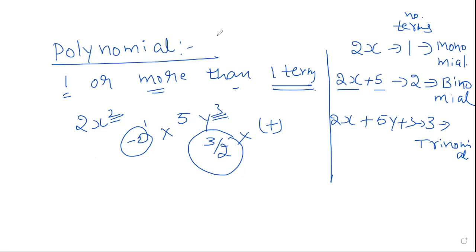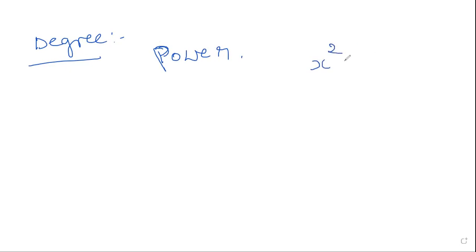Next, let us see the degree of the polynomial. Degree is nothing but, children, we look at the power and decide the degree. For example, x square plus 5. What is the degree here? It is 2. 2x plus 6. What is the power of x here?